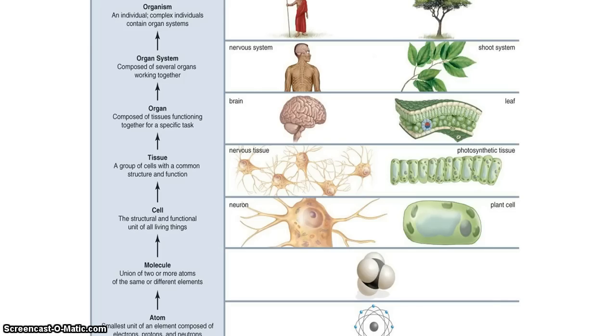All it is is protons, neutrons, electrons. A cell is the smallest building block of life that can perform all the functions for life. We will get more into that as we move on, but you need to know that the cell is the smallest structural and functional unit of all living things.